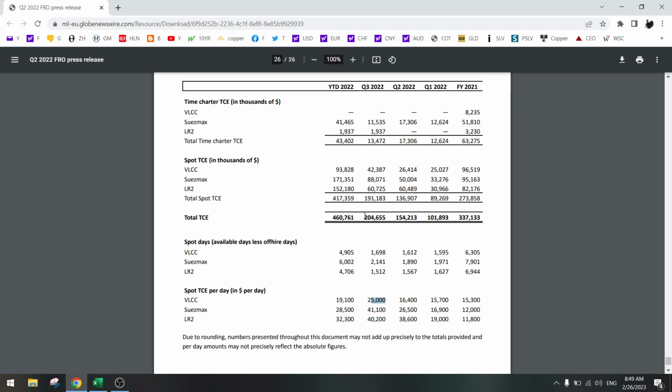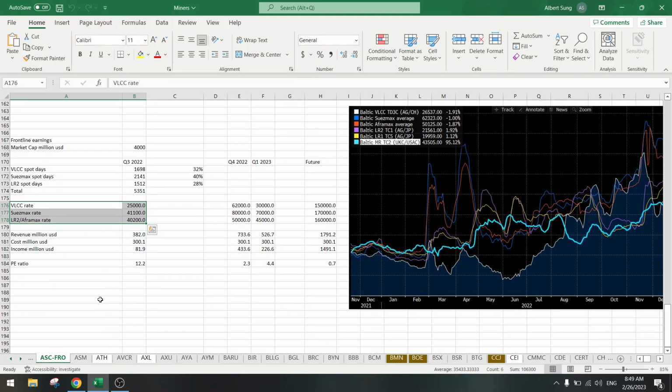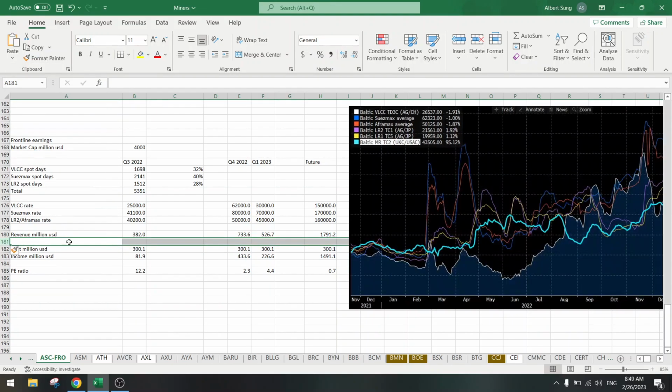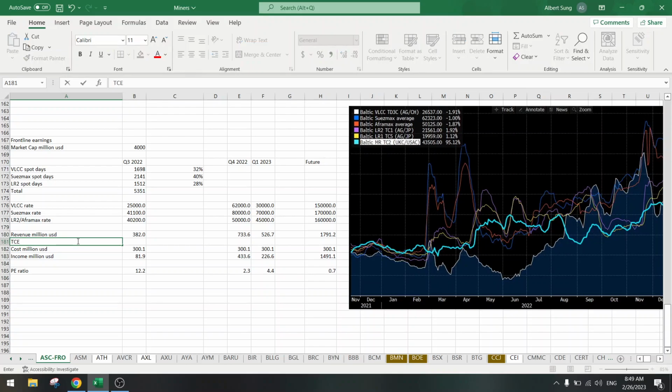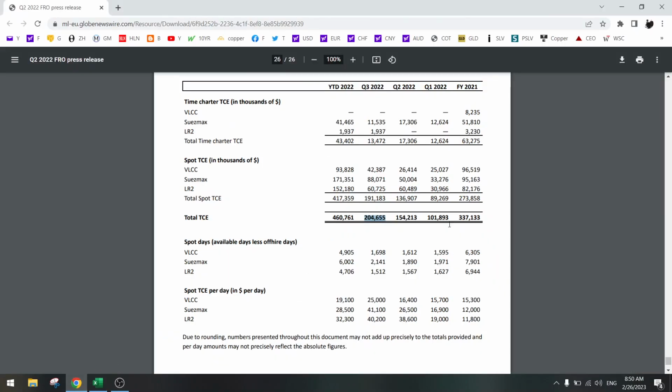And we are going to keep on using this, but instead of triangulating revenue, we need to add something else here. So let's do TCE earnings. Okay, so what was the TCE earnings in the third quarter?